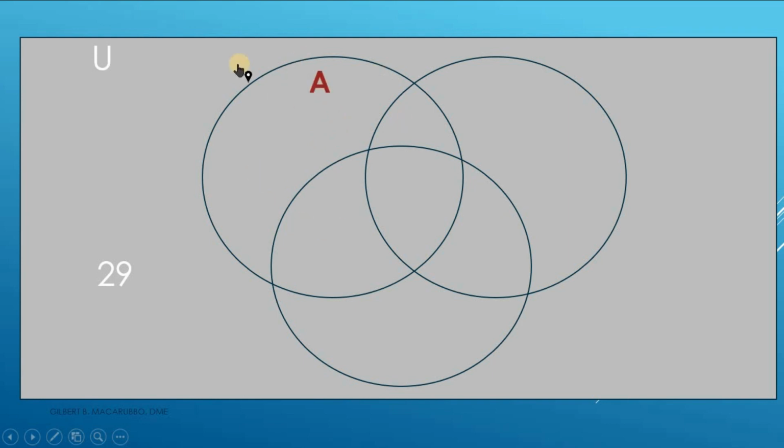So we have here the first circle, we have the art, next business, and we have science. So their intersection is 6. Okay, kung 6 yung intersection nila, okay, at ang art and business is 8. So ilan pang idadagdag natin para makuha natin yung 8? Okay, so we have 2.